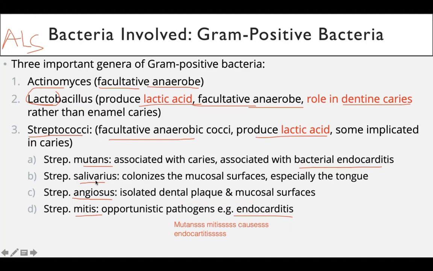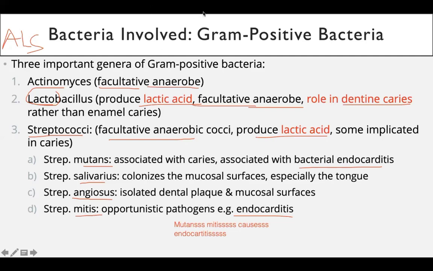Salivarius is related to saliva, like its name has saliva in it, right? So it should be in the tongue, right? And then the other is sanguinis. Sanguinis is isolated from dental plaques and mucosal surface.